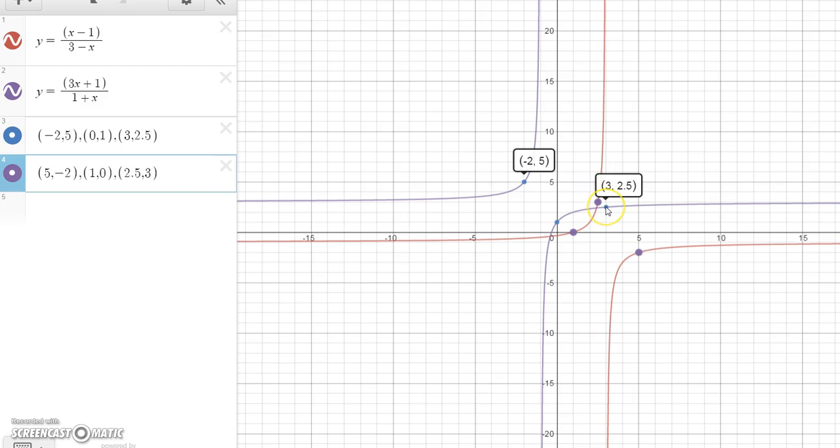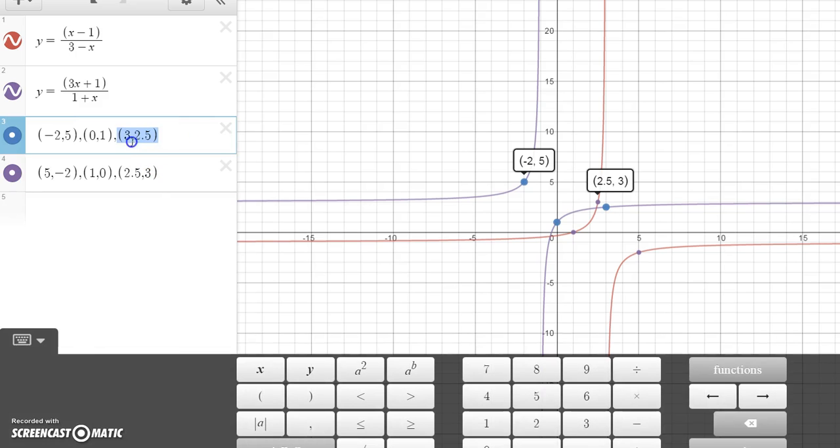If 3 and 2.5 is on this graph, then 2.5, 3 is on its inverse. So basically, that goes along with the fact that the domain and range just swap places. All of the corresponding ordered pairs in the form x, y become the same ordered pairs, but the x, y just trade places.